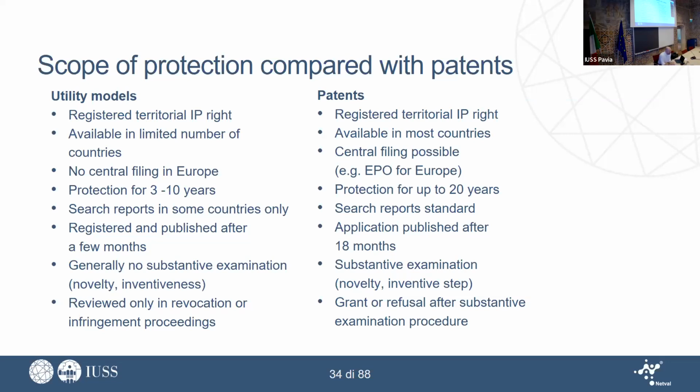Utility models are normally registered without a search report on prior art, and in the next talk, we'll see what the prior art is, and are normally registered and published in a few months, while the patent applications are normally published after 18 months.